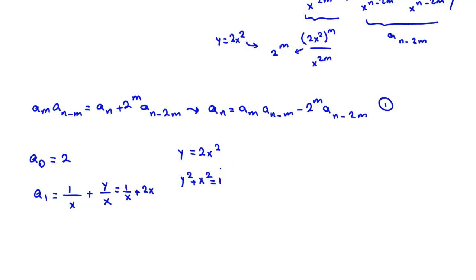At first, let's calculate y. Then we can say y squared plus, instead of x squared, we write y over 2 equal to 1. Then if you multiply by 2, it will be 2y squared plus y, and take 2 to the left-hand side, minus 2 equal to 0.